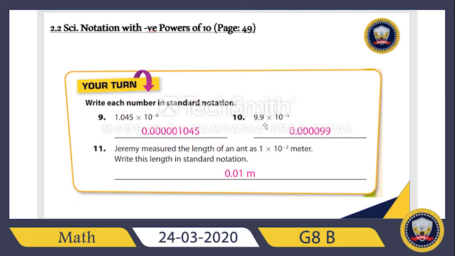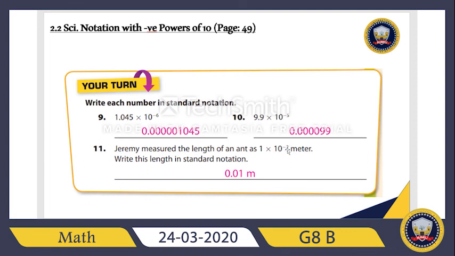For the number 9.9 times 10 to the power of -5, I will move my decimal point 5 places to the left, means I will add 4 zeros and a dot and a 0, and that's what I have here. Now 11. Jeremy measured the length of an ant as 1 times 10 to the power of -2 meter. Write this length in standard notation.